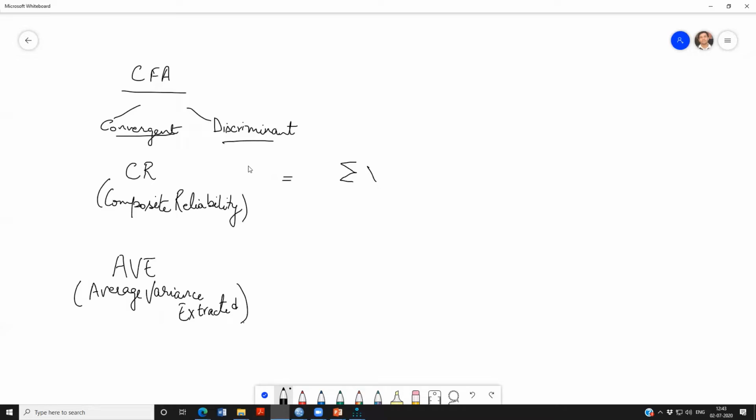Composite reliability is computed for each construct. So let us call it construct J. It is given by summation of lambda ij, i varying from 1 to k, whole square, whole divided by summation of lambda ij, whole square, i varying from 1 to k, plus summation of error variances associated with item i, varying from 1 to, actually let us call this kj.